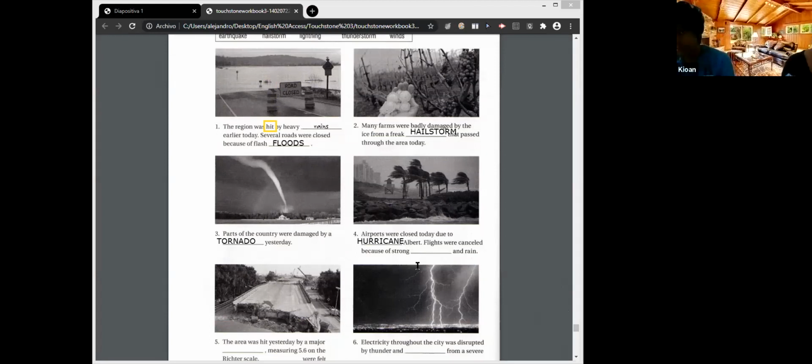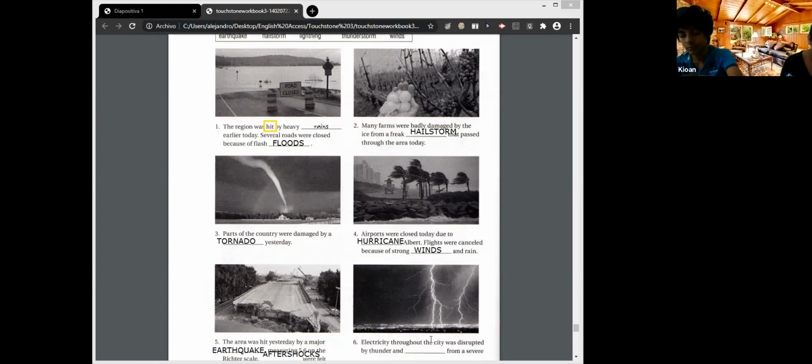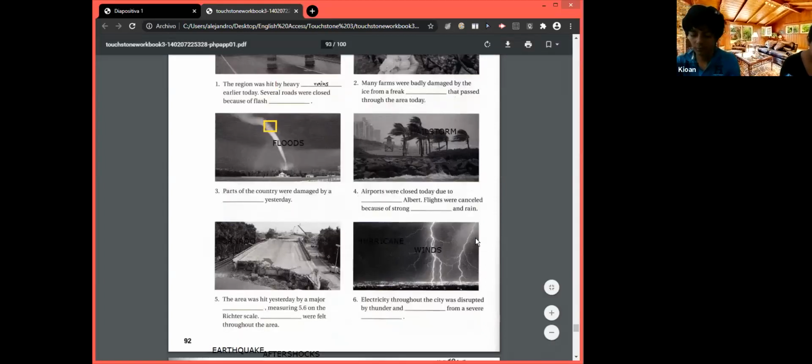The area was hit yesterday by a major earthquake, reaching 5.6 on the Richter scale. Aftershocks were felt throughout the area. Yeah, continue, please. Electricity throughout the city was disrupted by thunder and lightning from a severe thunderstorm.